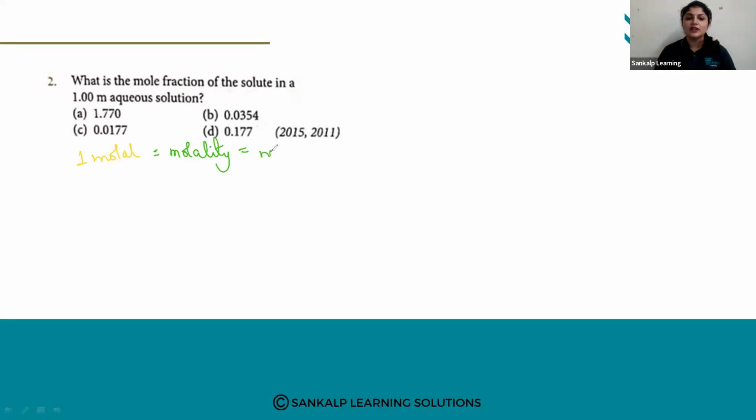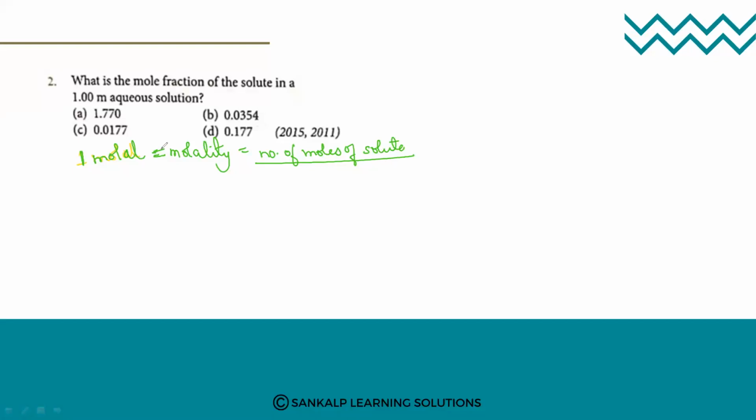Molality is what? Number of moles of solute divided by, can anyone tell me what is molality? Molal is nothing but molality. 1 molality is the number of moles of solute divided by 1000 gram.